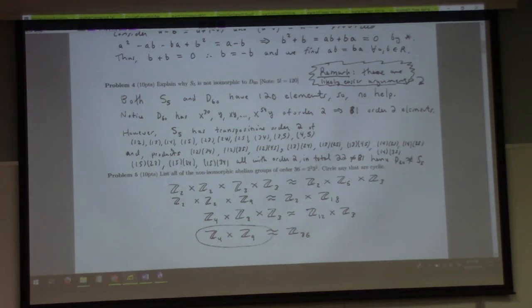But the order 2 elements are also products of disjoint transpositions. So how do you count those? You pick 2, then you've got to... I got it. 5 pick 2 gives you the sets of things that are 2, which gives you the single transpositions, right?